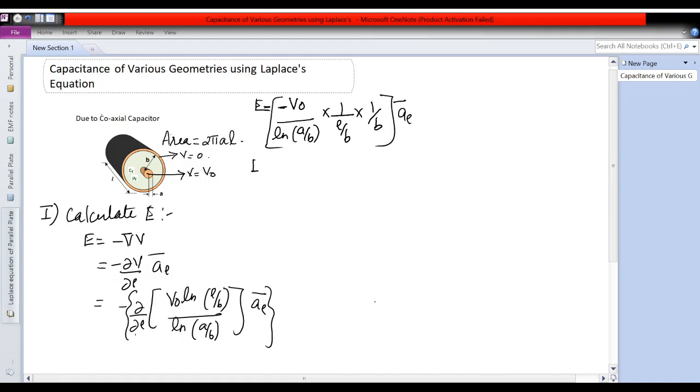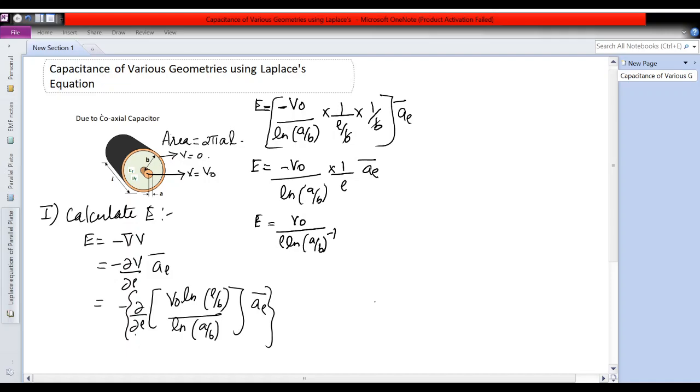So E is equal to minus V naught by ln of A by B into B, and B will get cancelled. You will have into 1 by rho A rho vector. I'm going to write it as V naught by rho into ln of A by B inverse.